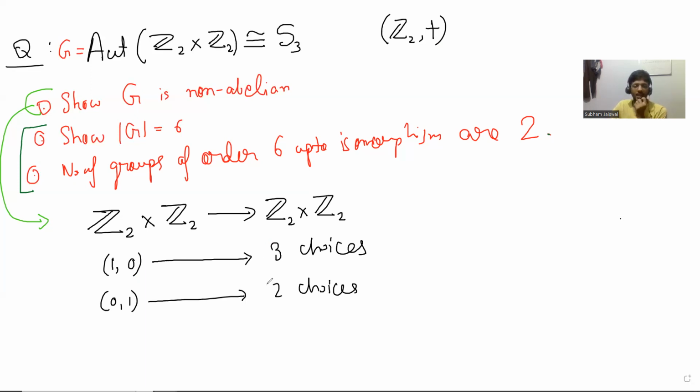Is it correct? For example, if you send this to 1, 0, you get identity. And similarly, you have the other choices. So automatically the problem in part 2 is also solved.